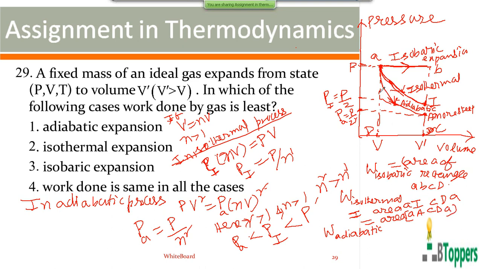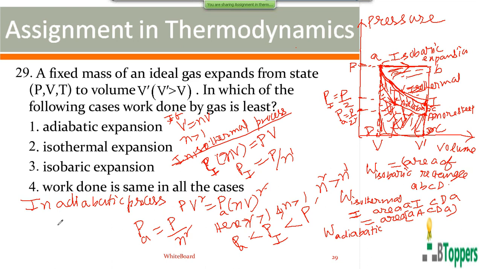You can observe that the area below the adiabatic curve and the volume axis gives you the work done by the gas during the adiabatic expansion. That is less than the area below the isothermal curve and volume axis, which is further less than the area below the straight line AB, parallel to the x-axis, the area of the rectangle ABCD.